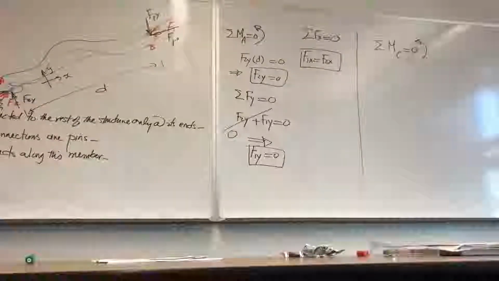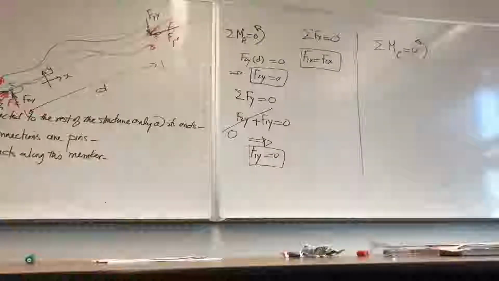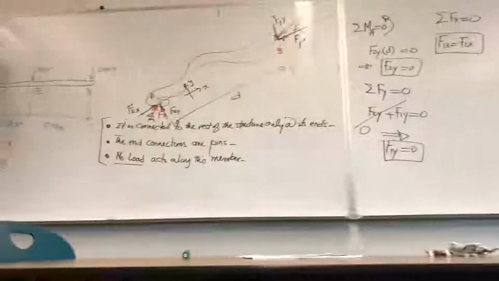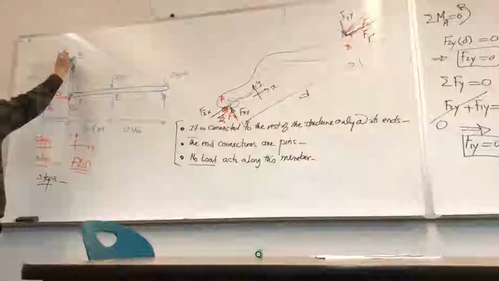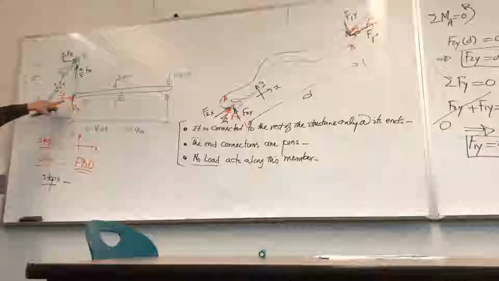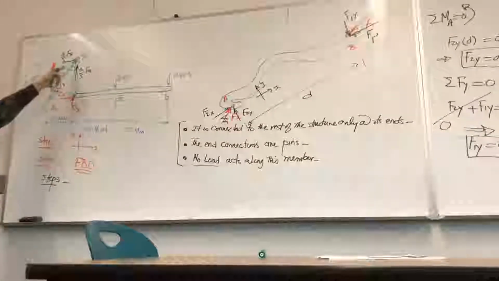So that means I would resolve this to its components. The slope here, given this point 18, this point 24, would be 3, 4, 5. So this would be 4/5 of FB, and this is 3/5 FB. If I take summation of moment about point C, this goes through that point, doesn't generate a moment.